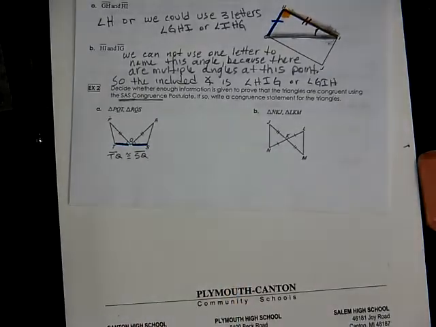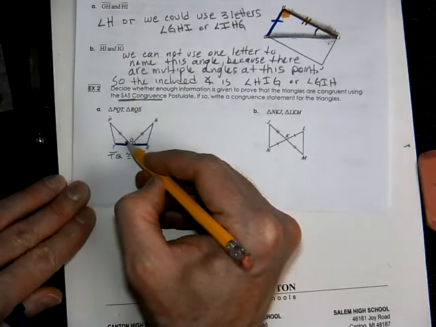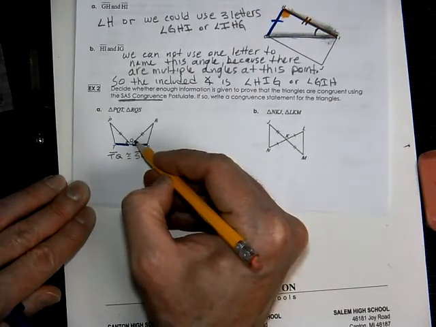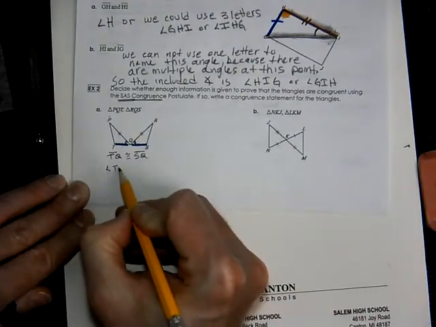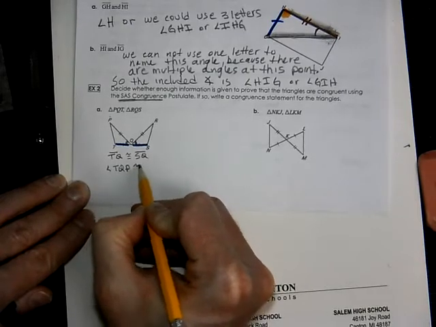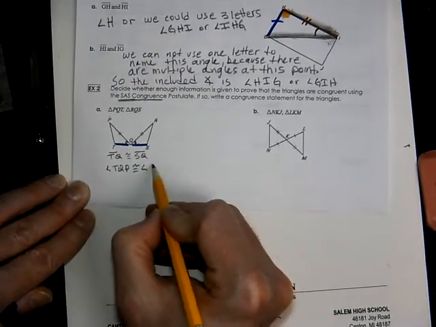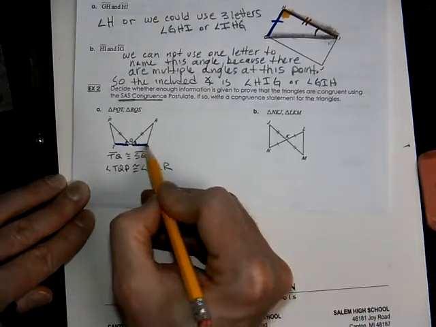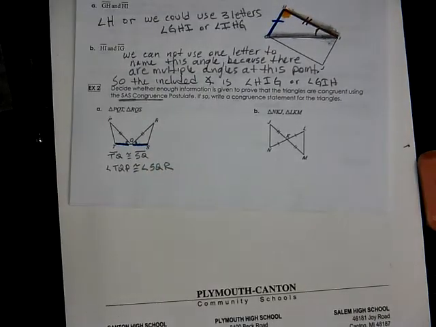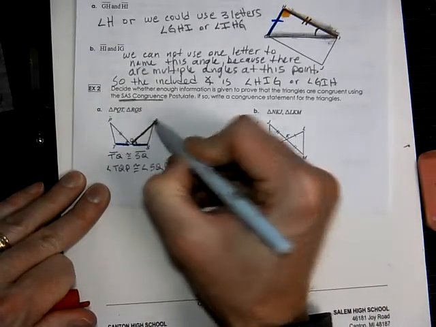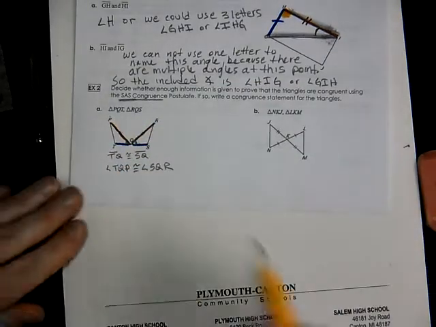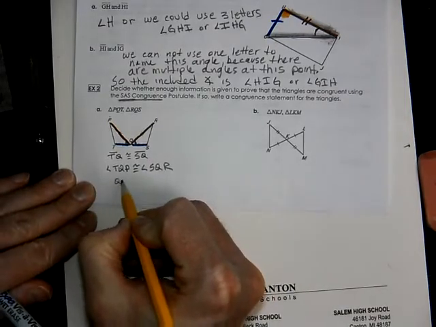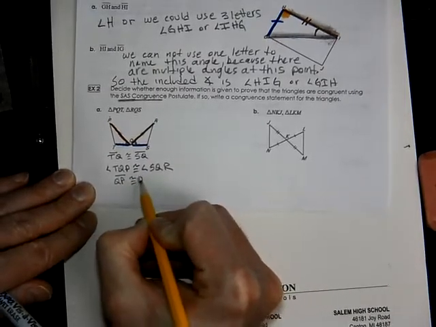They've also told us that the angle in between those segments, angle TQP, is congruent to angle SQR. They've told us those two angles are congruent. They've also labeled the picture and told us that QP is congruent to QR.